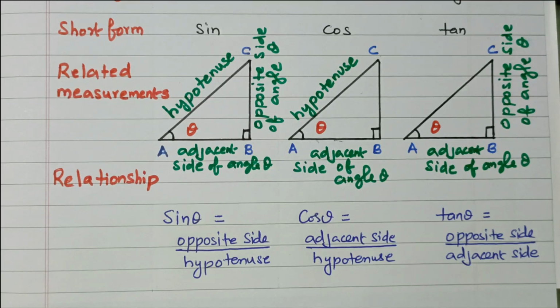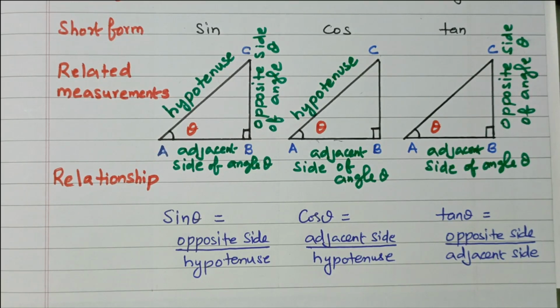From the ratio we calculated the adjacent side x of another triangle. From this observation we framed three trigonometric ratios: sin theta is opposite side by hypotenuse, cos theta is adjacent side by hypotenuse, and tan theta is opposite side by adjacent side.